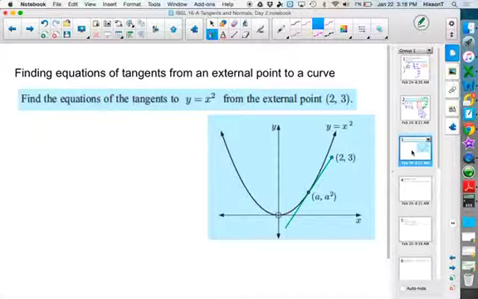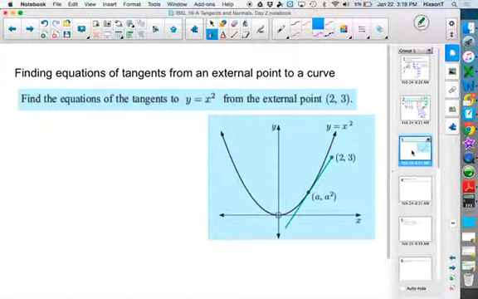Remember when we said that in space travel, they slingshot around planets, and you got to make sure that you get out of the orbit at the right time so that you're aimed at your target. Well, here's our orbit, and here's Earth over here at the point (2,3). And if we don't leave at the right spot, if we don't have the right point of tangency here, we're going to be in trouble. So, how will we go about doing this?